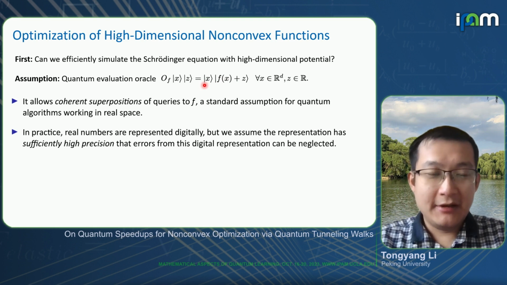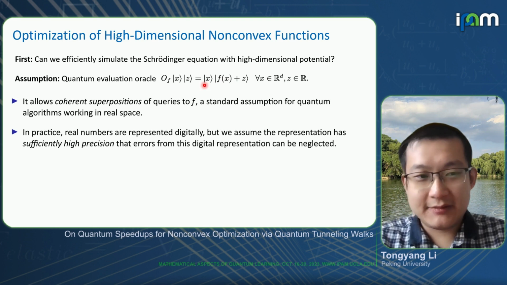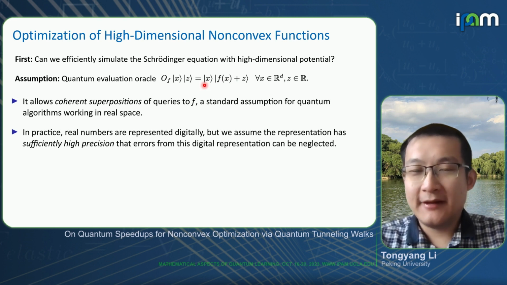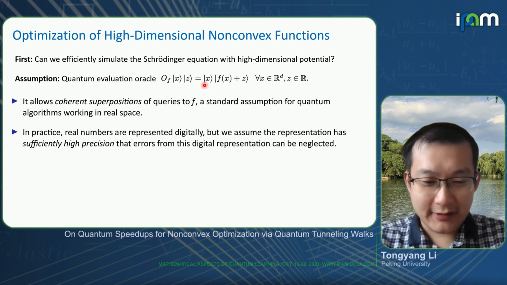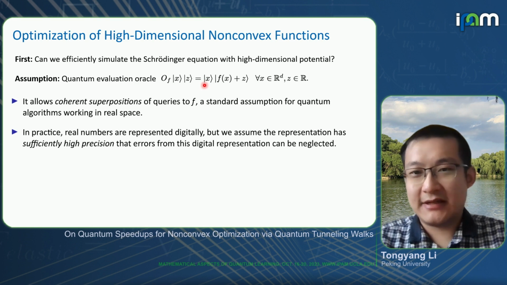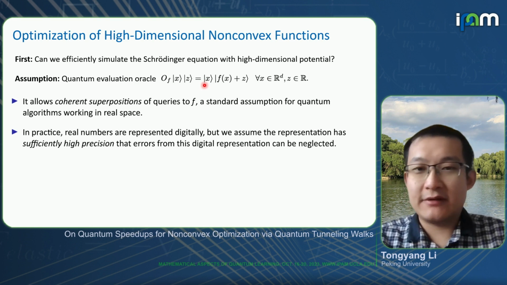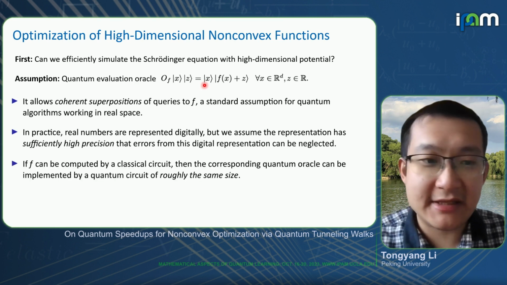We just assume that all these values are stored with sufficiently high precision, so I am not going to talk about the approximation error from floating point numbers, etc. We assume that we have this kind of real number registers.